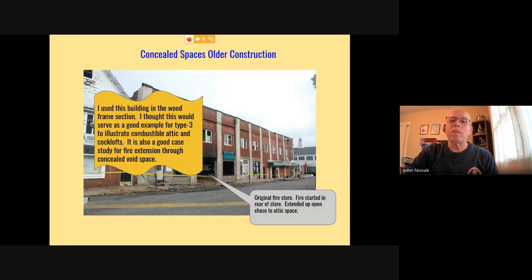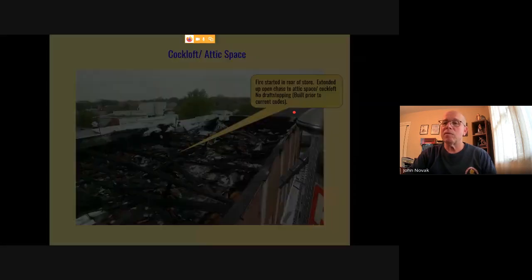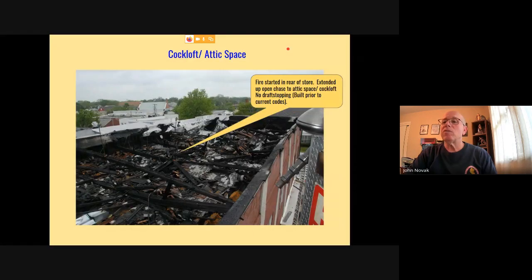It's a good example for a type 3 to illustrate the combustible attic and cocklofts. It's also a good case study for fire extension through combustible void spaces. So the fire started in the rear store, extended up into the cockloft or attic space.